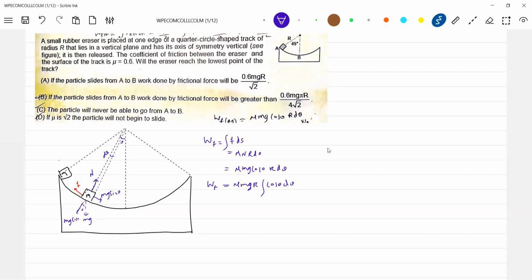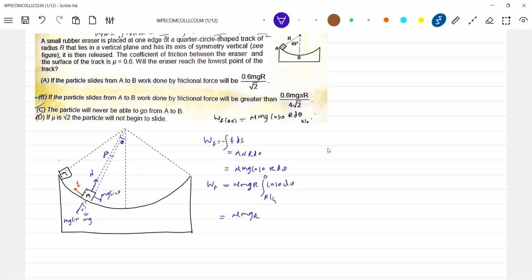So mu mg r cos theta d theta. What should be the limit? Theta should be, I think, 0 to pi by 4. Initially it was pi by 4, finally it will become 0. It does negative work, no?